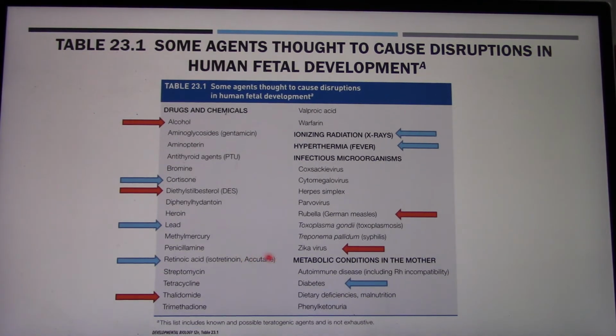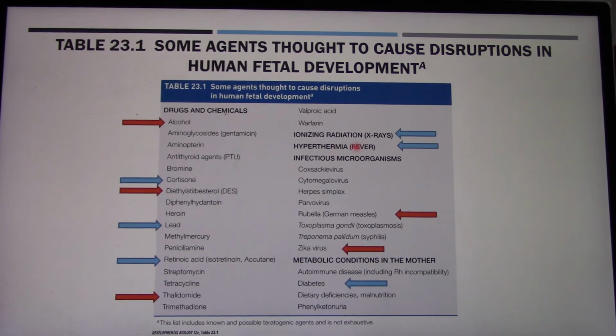One of the things here is Accutane, and I know that's used a lot to treat acne, and so you might want to lay off your acne treatments if you're thinking of having a child. Another one is cortisone, and of course lead, and then we've got X-rays, which you probably knew about, and fever, hyperthermia. This is why it's important, again, for women who are expecting to be vaccinated or to avoid getting sick, like what we're doing now, staying at home to avoid COVID-19 infection that could cause fever.